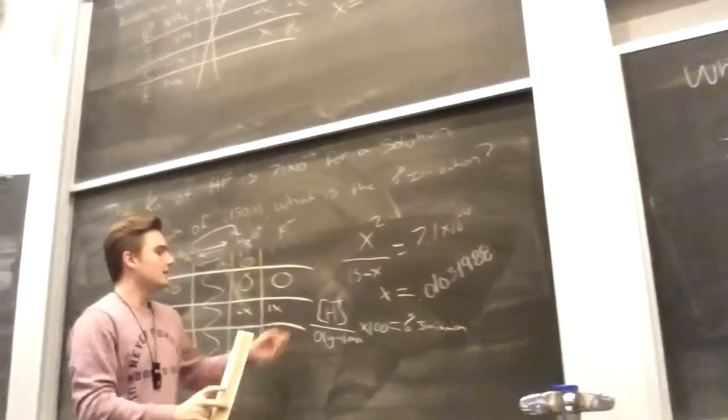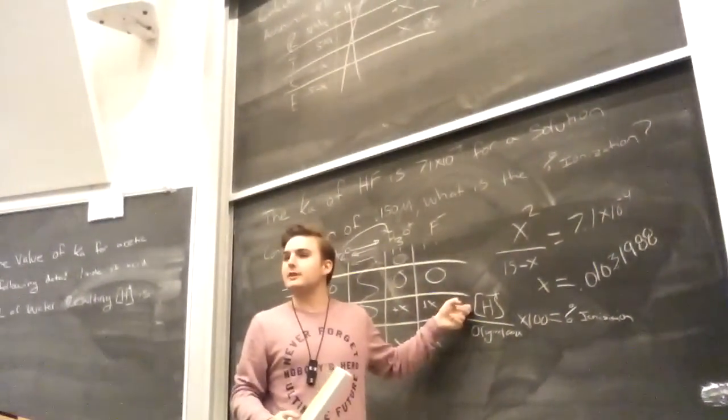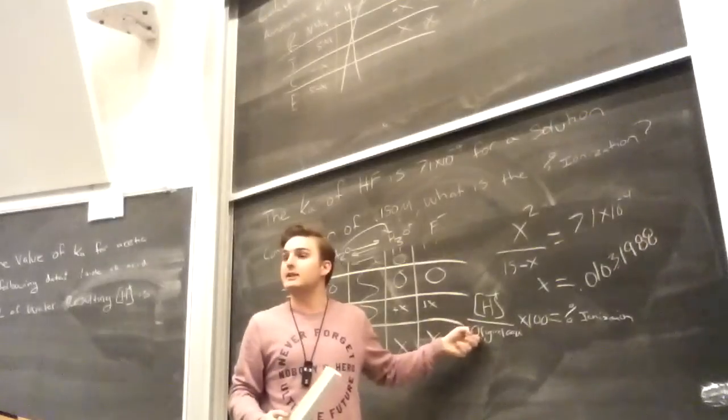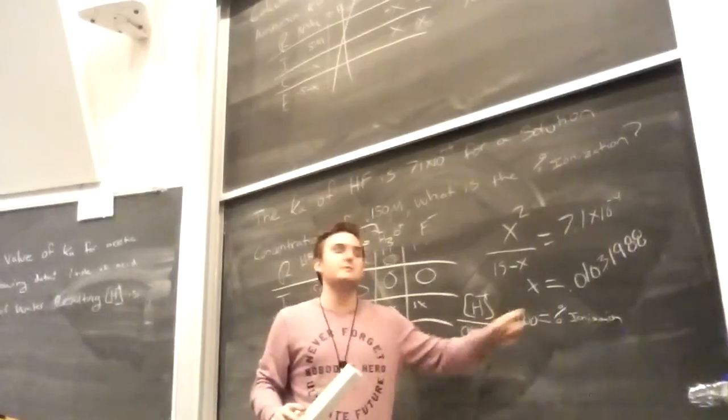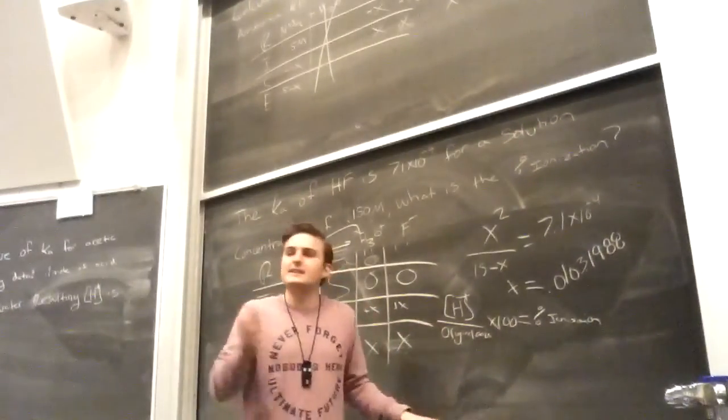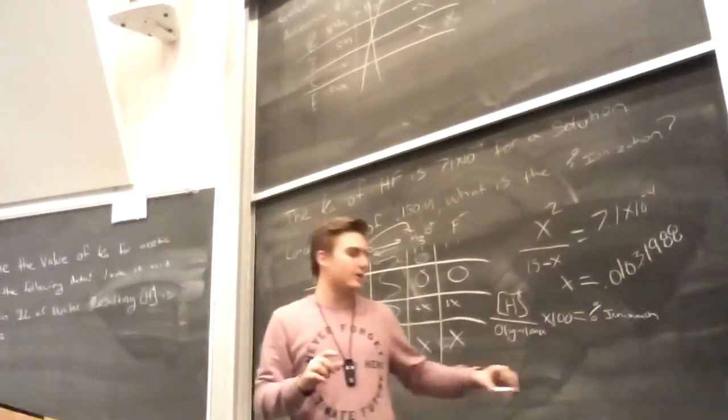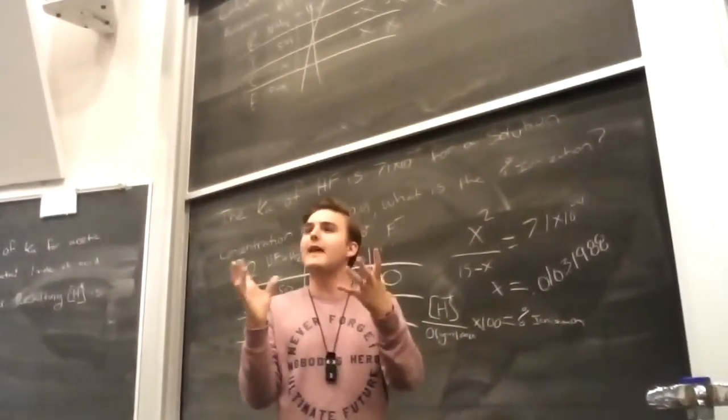Okay? So, H plus concentration at equilibrium over the original acid, how much originally or initially, times 100 gives you my percent ionization. So, this is what's confusing for some people. Let me explain briefly what that means.